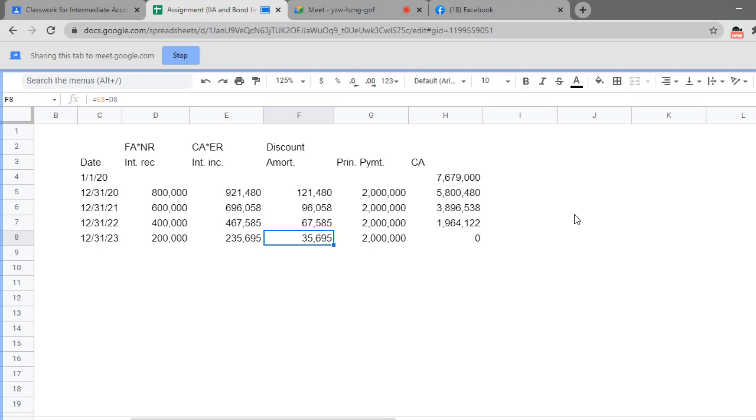Kaganina, that was 35,695. Pero, katong pag-work back nato, nahimo siyang 35,878. And if that is 35,878, your interest income should be this one plus the amortization, 235,878. Kaganina, that was 235,695, pero pag work back nato, that's 235,878.